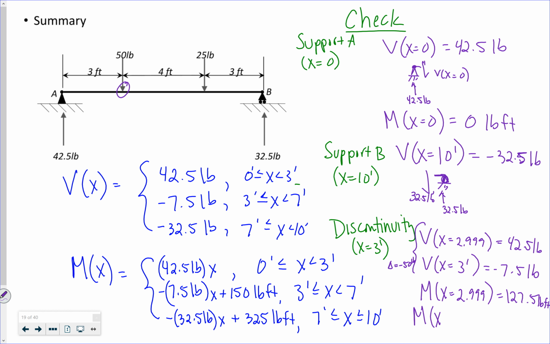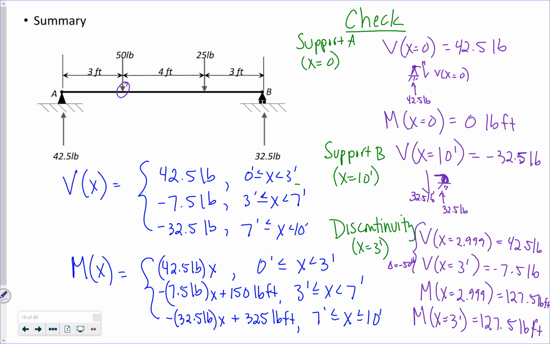And my moment right at that discontinuity, negative 7.5 times 3 plus 150, I get 127.5 foot-pounds. It just means I have a discontinuity in my shear due to a concentrated force, but I don't have a discontinuity in my moment because I don't have something interjecting right there to cause a jump or a sudden change in my moment.